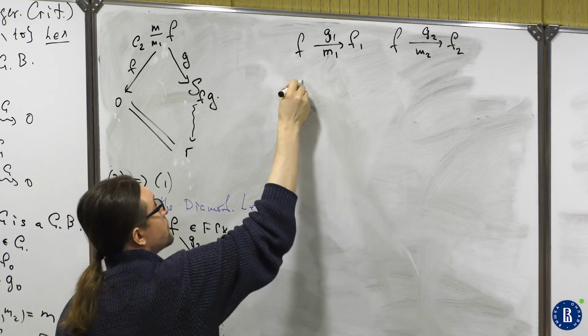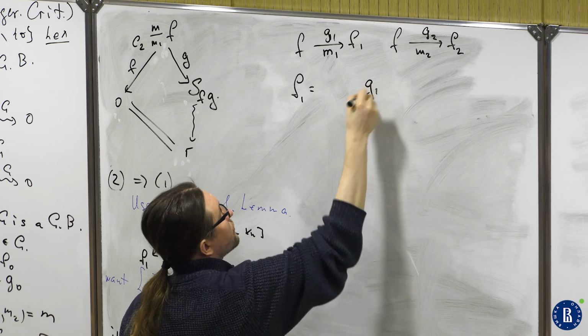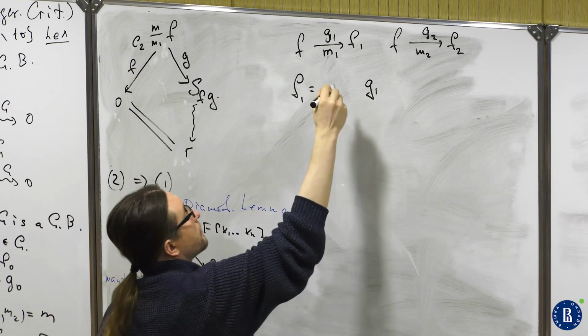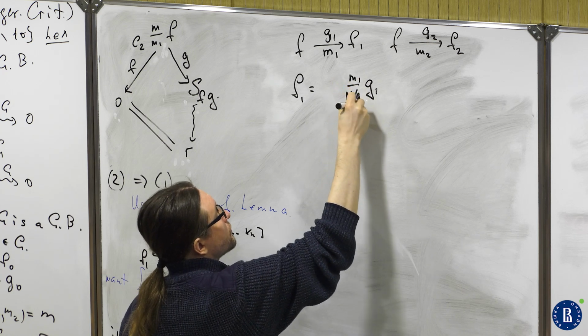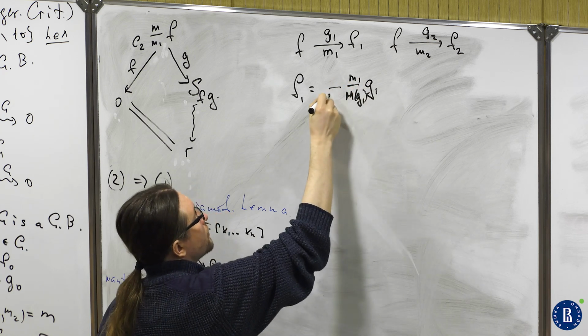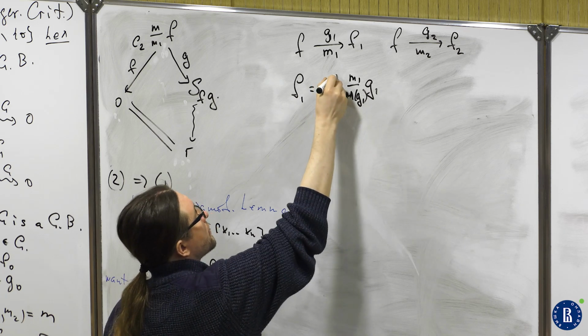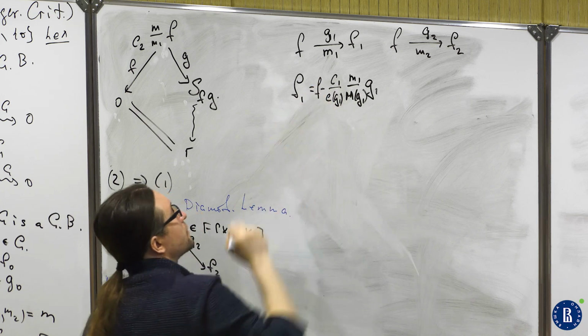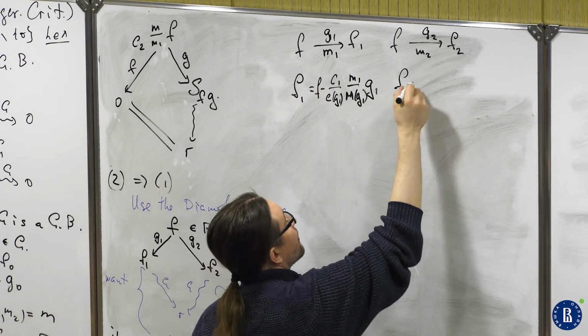So by definition, F1 is G1 multiplied by M1 over the leading monomial of G1, divided by the leading coefficient of G1, multiplied by C1, and we subtract this from F. The same thing happens with F2.